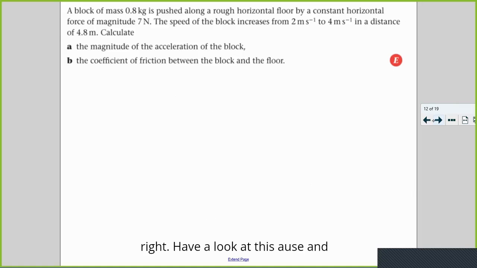Right, have a look at this. Pause and then resume. So rough horizontal floor.